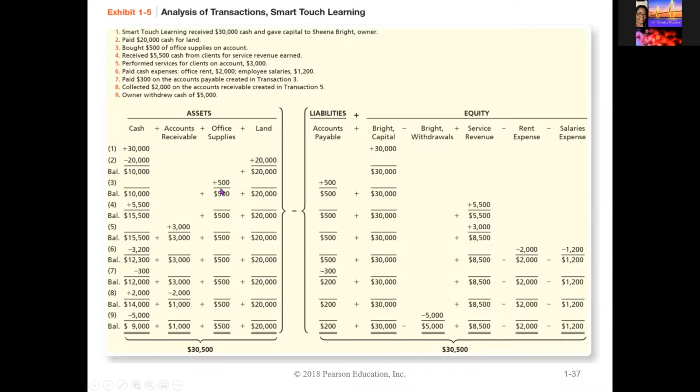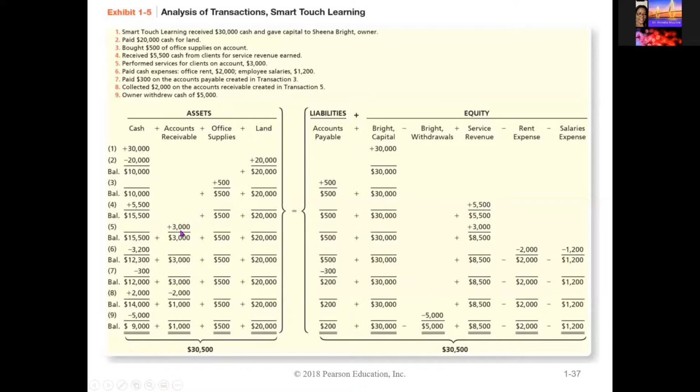Transaction 3, the company bought $500 of office supplies on account. So you have the office supplies account and then accounts payable because they purchased office supplies on account. Transaction 4, received $5,500 cash from clients for service revenue earned. So you have $5,500 on the left, $5,500 on the right.